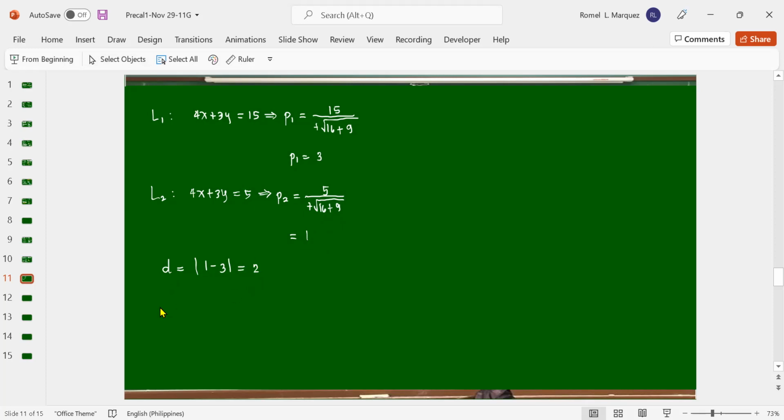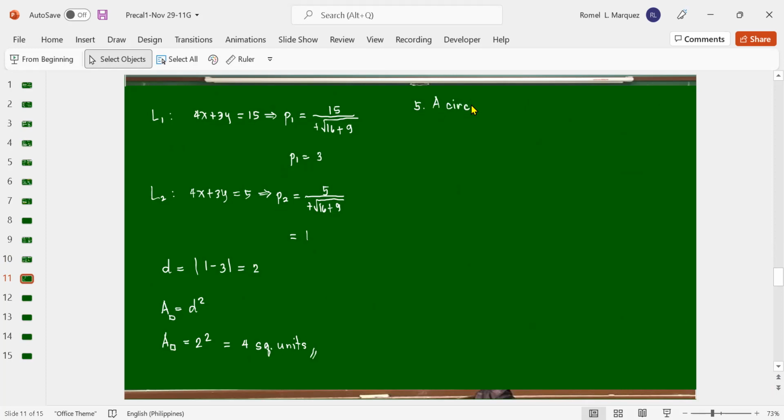No? So hence, the area is equal to the square of D. So the area of the square is equal to 2 squared, and that is equal to 4 square units. Okay? That's it.